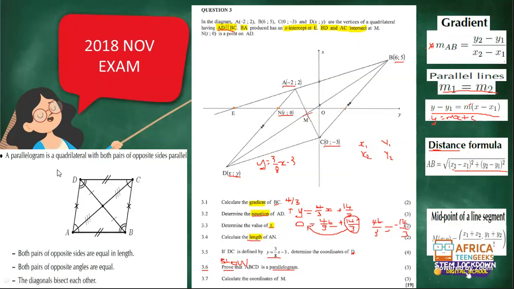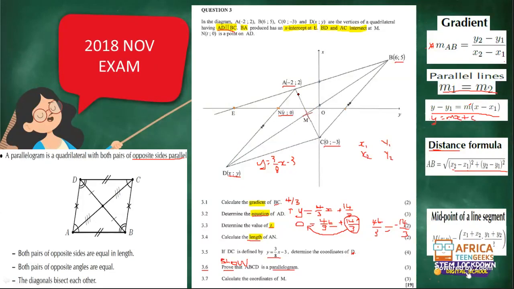So you don't have to prove all the properties. Someone can choose to show that opposite sides are parallel, and then someone else could show that the sides are parallel and equal, and then someone else could choose to prove that this point is a midpoint.